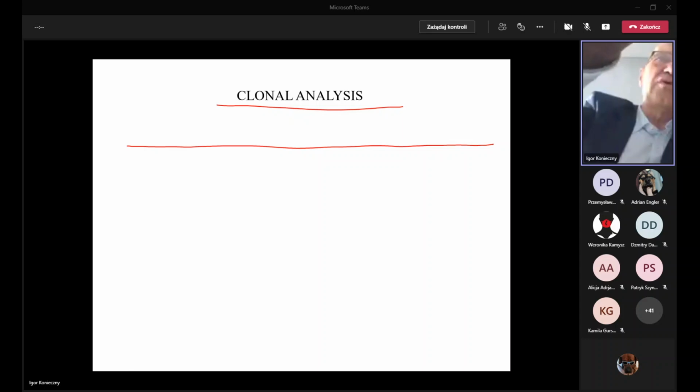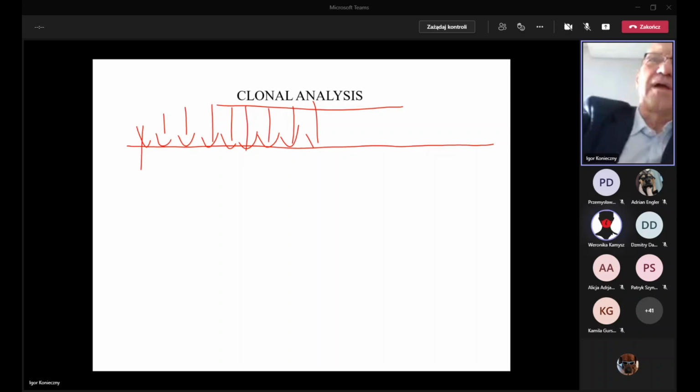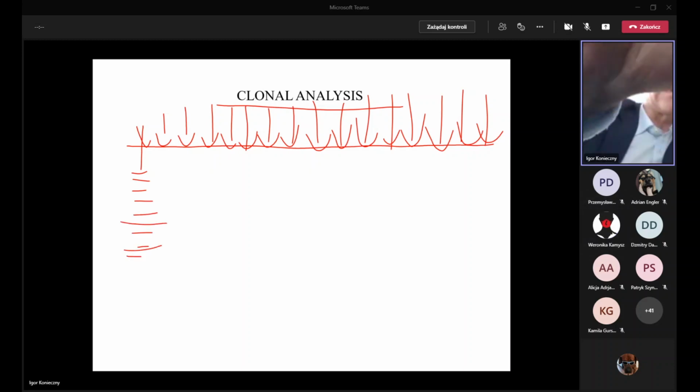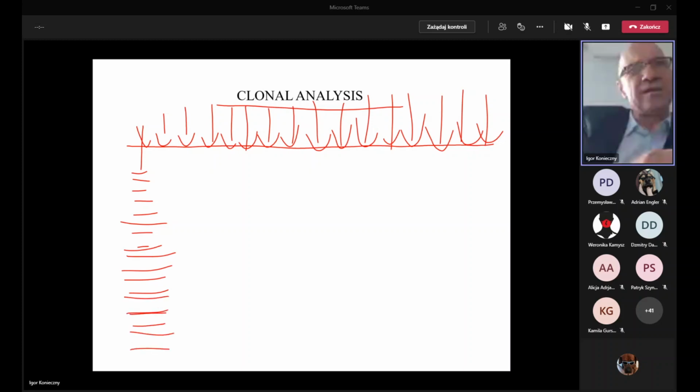Then you cut this with an enzyme into pieces, and cut, and that would create populations of fragments, maybe of different lengths, but similar if the conditions are properly applied.